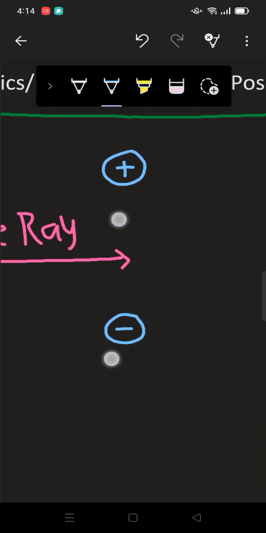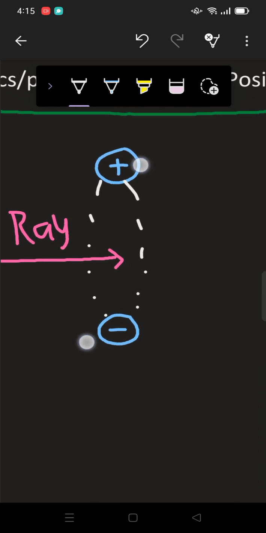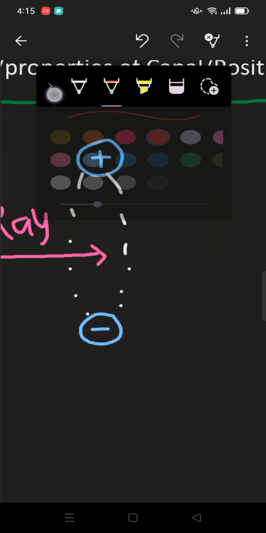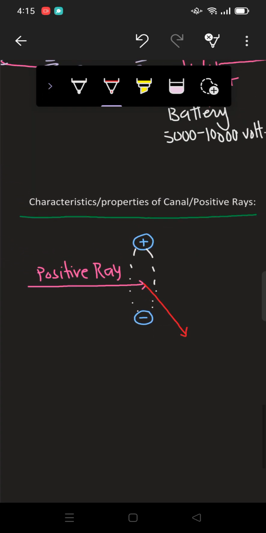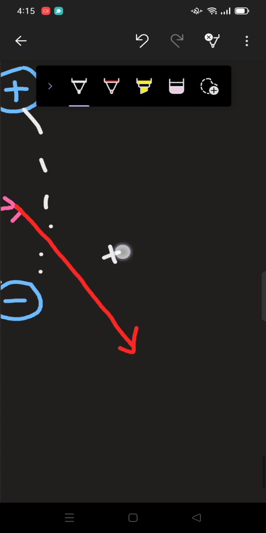Here I have positive charge and here I have negative charge. When I made this pass through the electric field, this ray got deflected towards the negative charge. So because of this experiment, we got to know that this ray has positive charge since it was deflecting towards the negative charge.